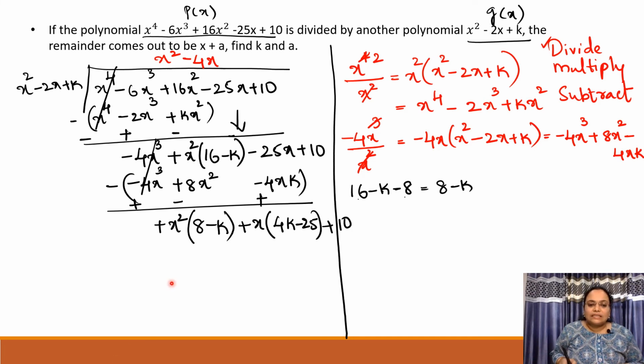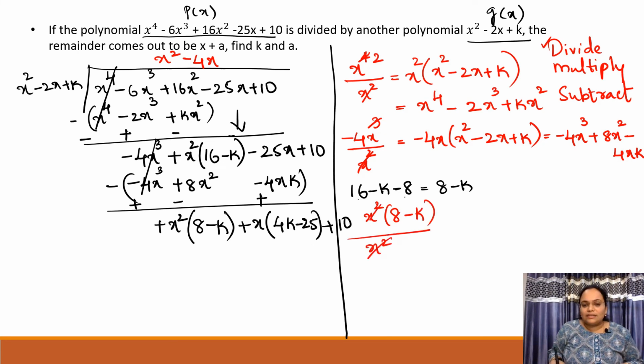So what is the next term? Next term is x square of 8 minus k divided by x square. That is, x square gets cancelled. So 8 minus k, you multiply it with x square minus 2x plus k.